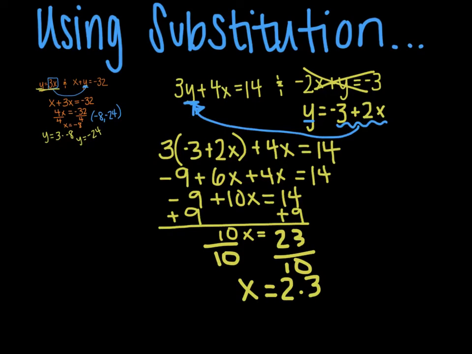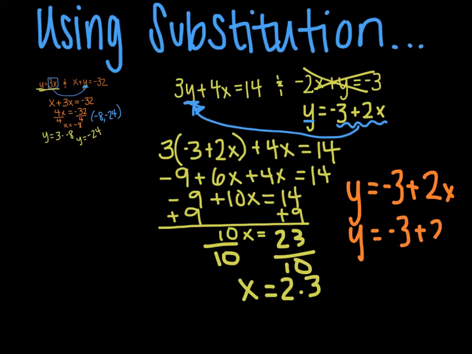And again, it doesn't really matter which equation. I typically go to the opposite one just because it makes it a little bit easier. So y equals negative 3 plus 2x. So y equals negative 3 plus 2 times 2.3. Ran out of space there a little bit. But you know what I wrote, so that's okay.